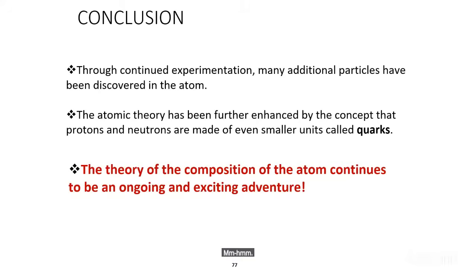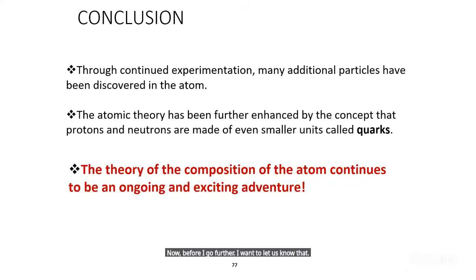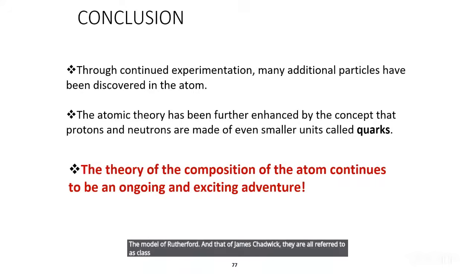Now, before I go further, I want us to know that all that we've been talking about since the beginning of the modern theory of the atom has been particle, electron as a particle, electron as a particle. The model of Dalton, the model of J.J. Thomson, the model of Rutherford, and that of James Chadwick, they are all referred to as classical models.